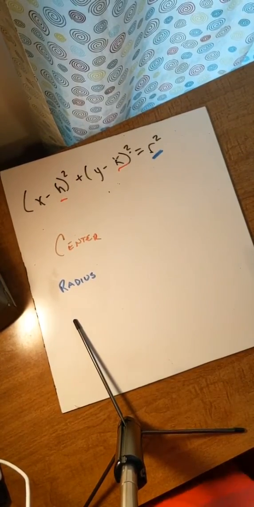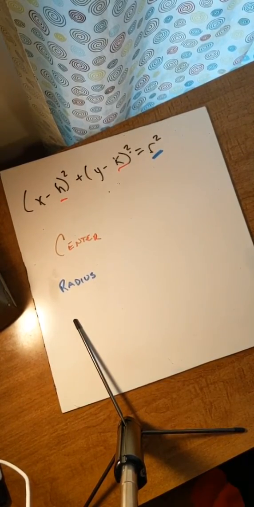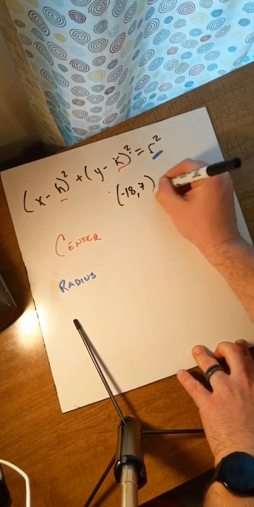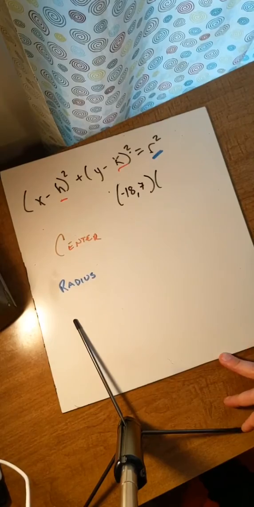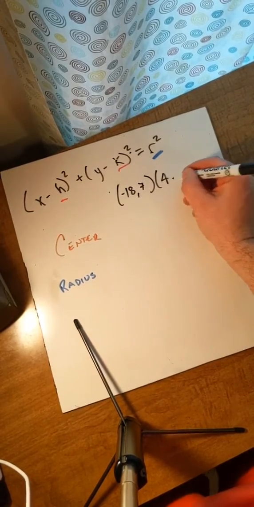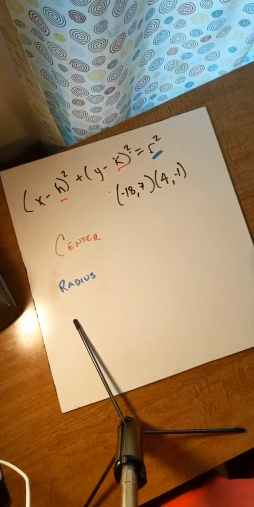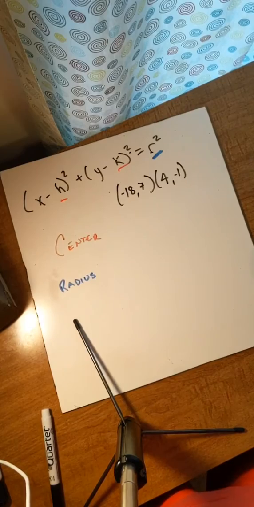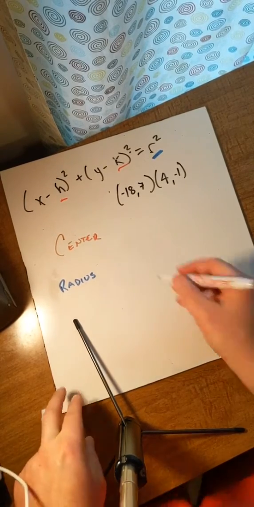Alrighty, so next one we have a -18, 7 and 4, -1. So we got to find the center again by adding up the x's, dividing by 2, and adding the y's, dividing by 2.